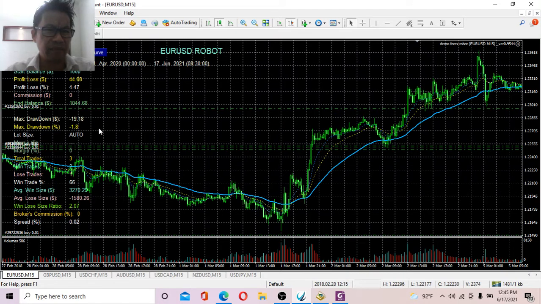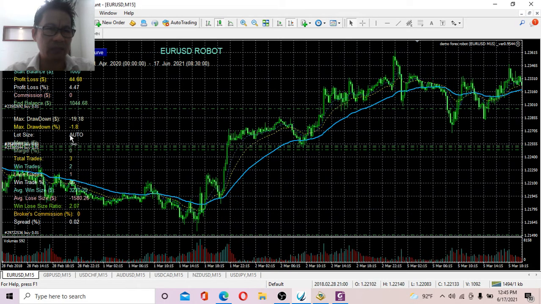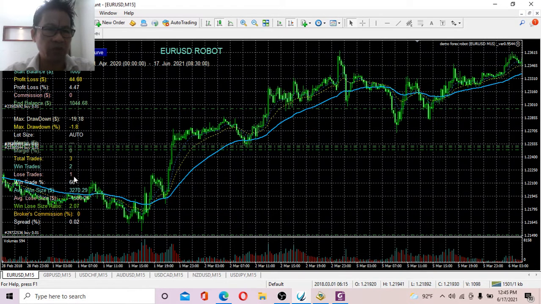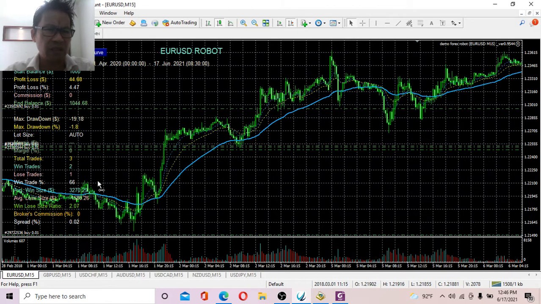The max drawdown is 2%, and for this month so far we got 3 trades, 2 win trades and 1 lose trade, I guess, and so the win trade percentage is 66%, and win lose size ratio is over 2, which is right.